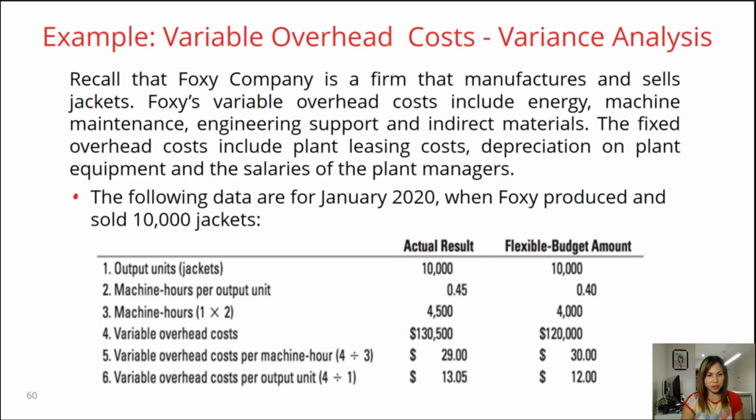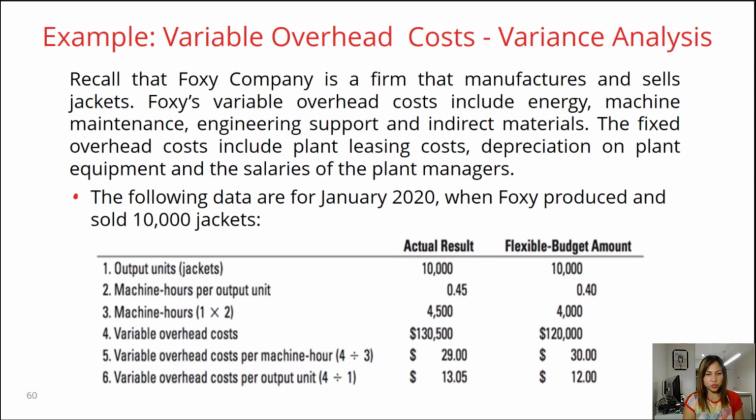Machine hours, number 3, that's 1 times 2. Actual result in total is 4,500 hours needed. According to your standard, you expected to spend a total of 4,000 hours only.